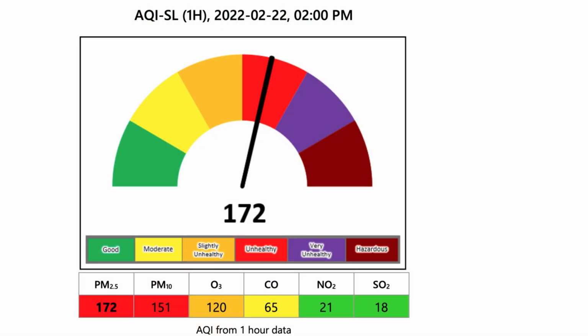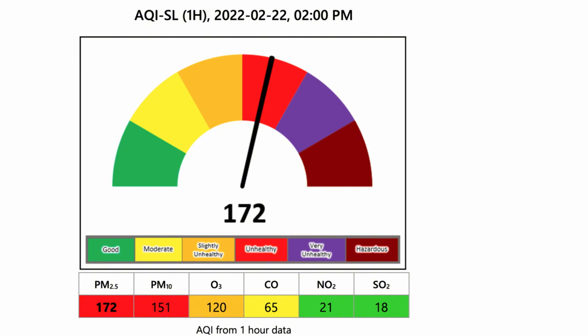So a general understanding of this AQI helps individuals or the general public to make safe choices. Here we can see an air quality index example, where a number of measurements are taken for PM 2.5, PM 10, O3, CO, NO2, and SO2.